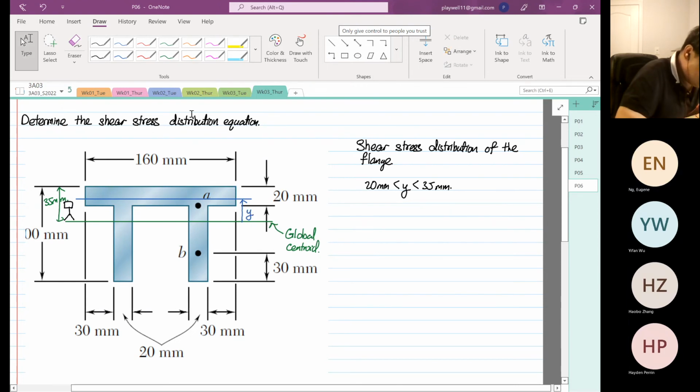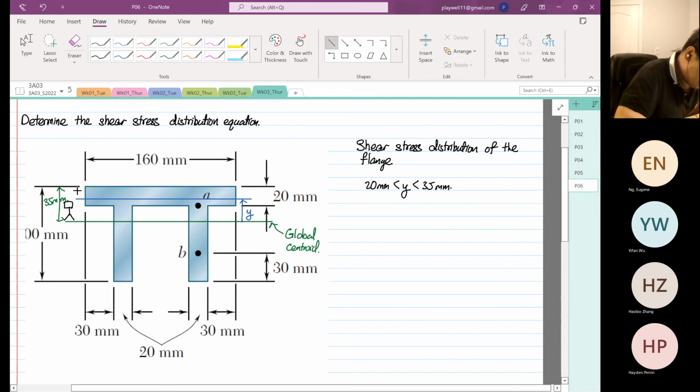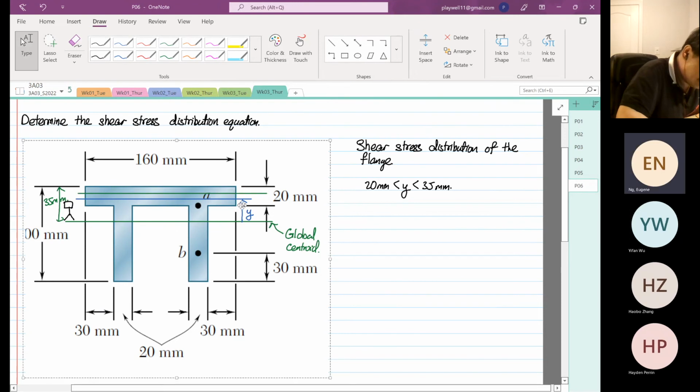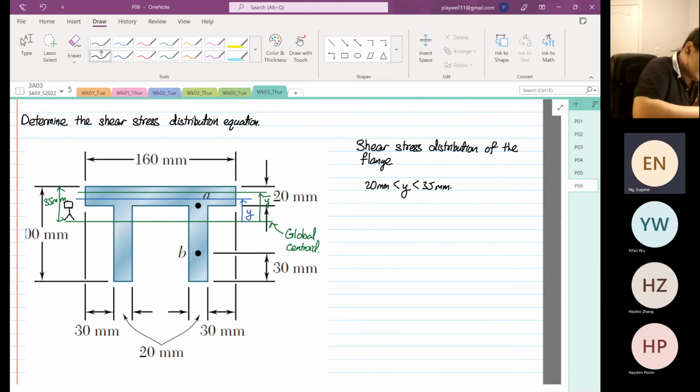And a certain distance from there, over here, I'm trying to position this so it's equal at the top and bottom, and it's not easy. This distance from here to here is our y bar.